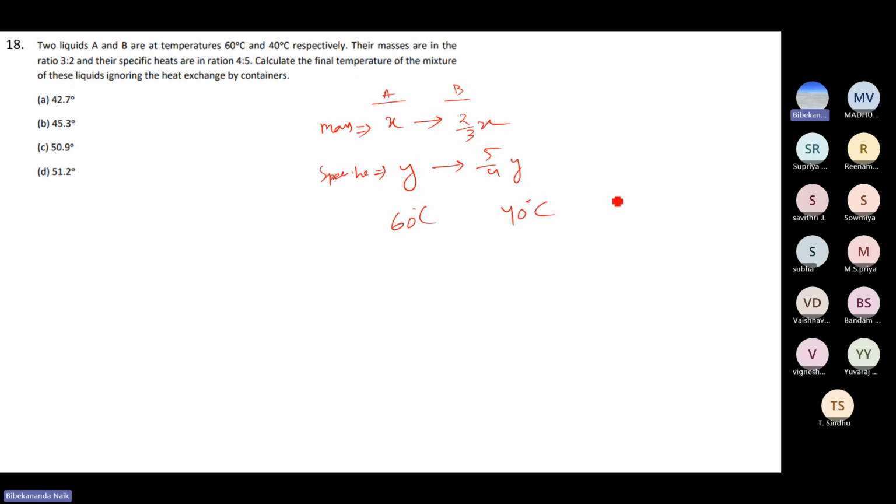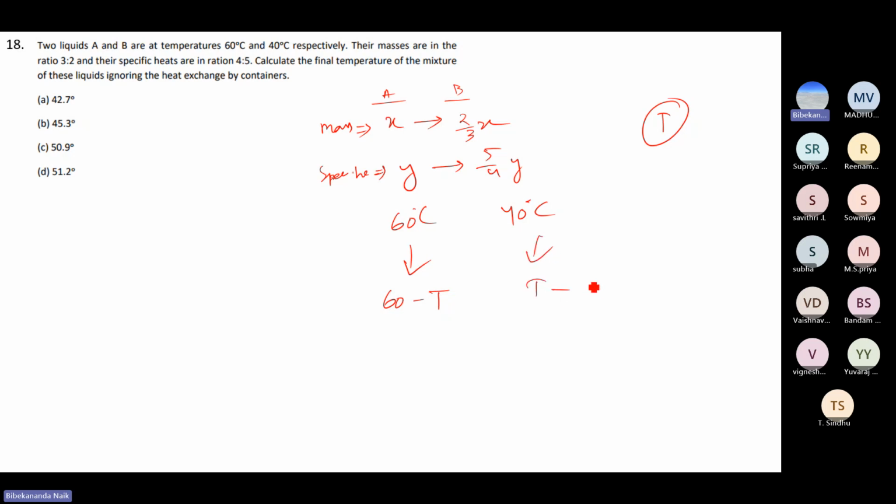So now heat gained is equal to heat lost. Suppose T is the final temperature of the mixture, then here it will be 60 minus T, because T will be less than 60 and T will be greater than 40.